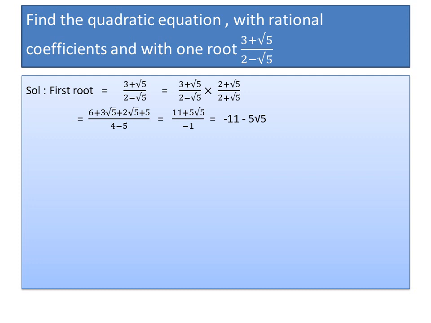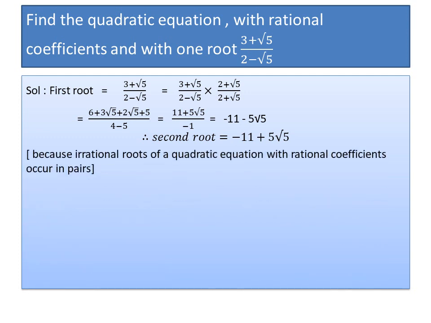So we have one root as −11 − 5√5. So automatically our second root becomes −11 + 5√5, because irrational roots of a quadratic equation with rational coefficients occur in pairs.